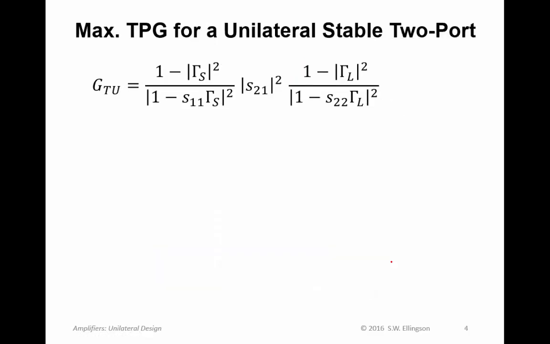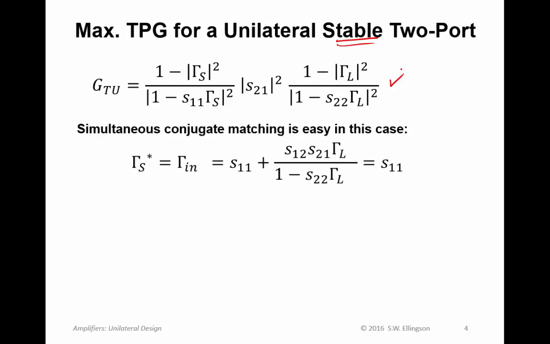Now the maximum TPG for a unilateral and stable two-port. Well, I've written here the transducer power gain for a unilateral two-port that we just derived. And we know that if it's stable, then the maximum gain is achieved by simultaneous conjugate matching, as we've discussed many times now by this point in the course.